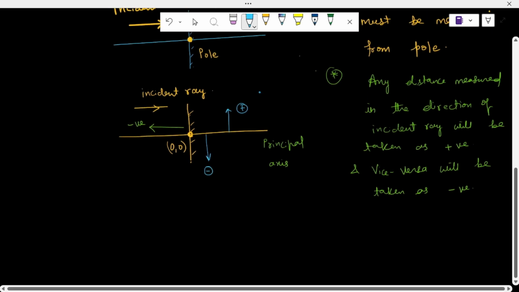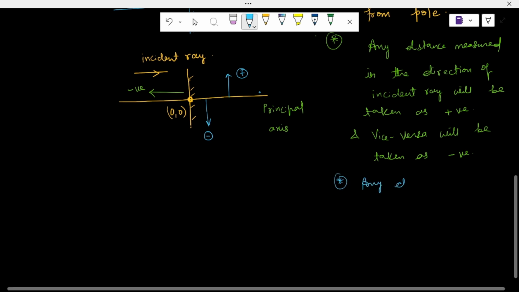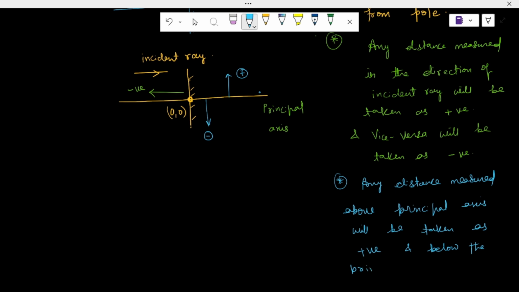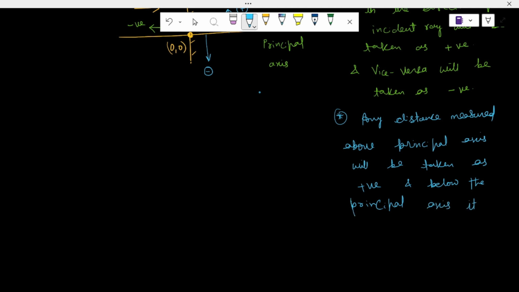So we will include this in our theory, that any distance measured above principal axis will be taken as positive, and below the principal axis it will be taken as negative.